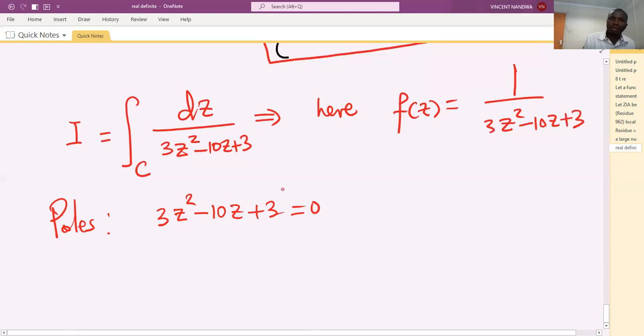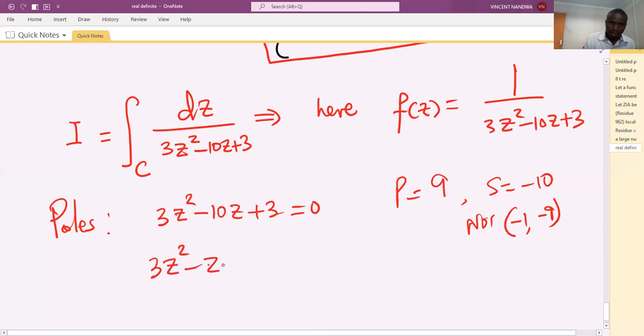And then this quadratic will have product 9, sum minus 10. So the numbers are minus 1 and minus 9. So I have 3z squared minus z minus 9z plus 3 equals 0.